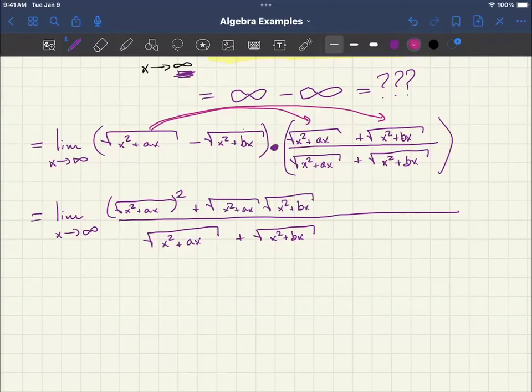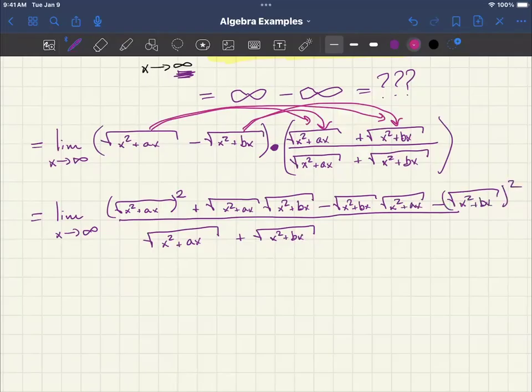Next up, we take our second term and we're going to multiply that through. So now notice we have a minus square root of x squared plus bx times the square root of x squared plus ax, and minus the square root of x squared plus bx, and we have two copies of that, so that is squared.